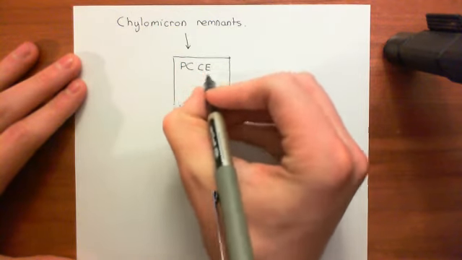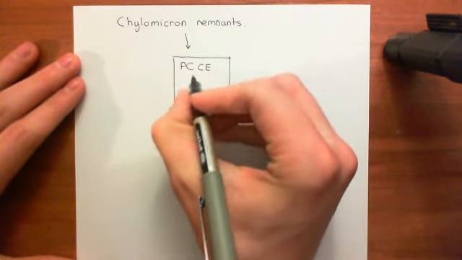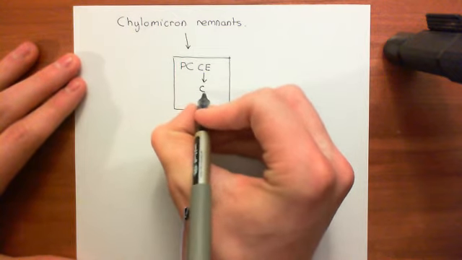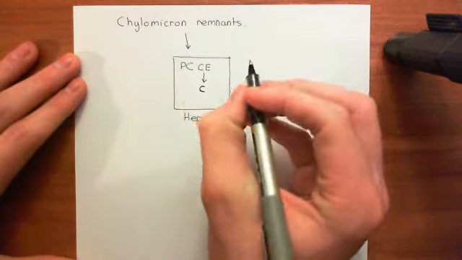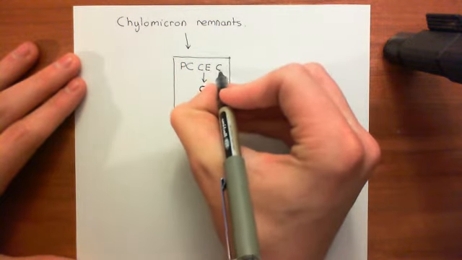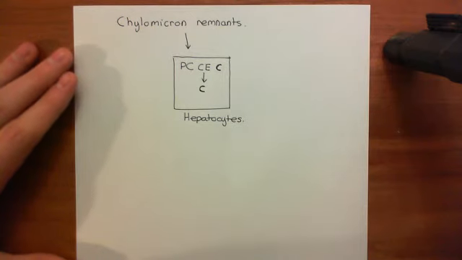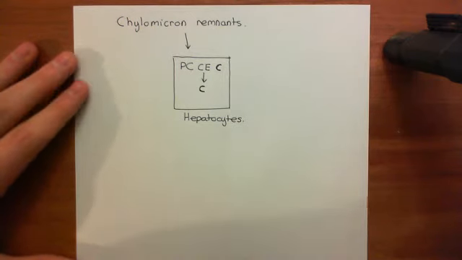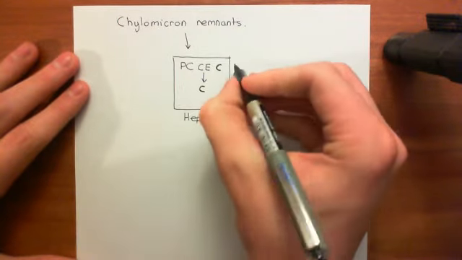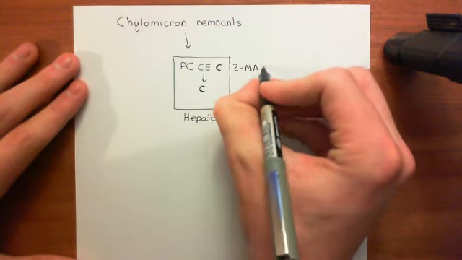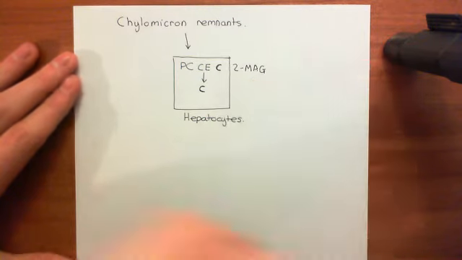The instant the cholesterol esters arrive at the hepatocyte, they will be de-esterified to just cholesterol. You're also going to get some cholesterol arriving from the chylomicron, and then finally you've also got some 2-monoacylglycerols arriving as well. So this is what the hepatocytes will receive from the chylomicron remnants.